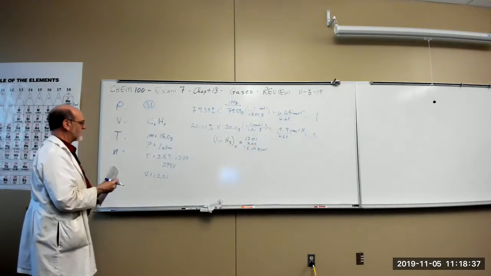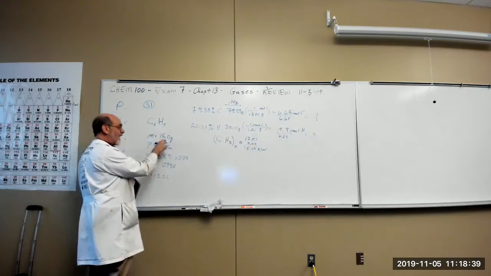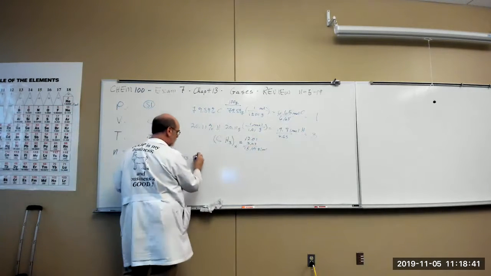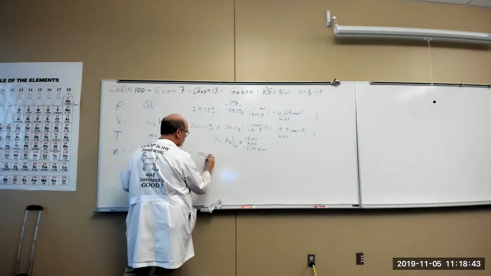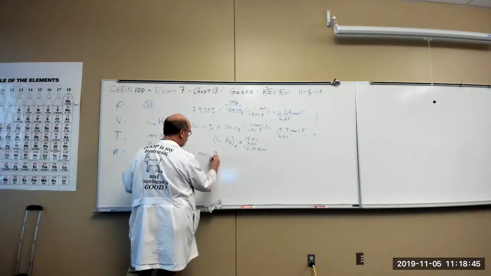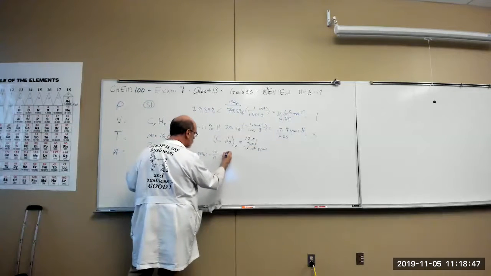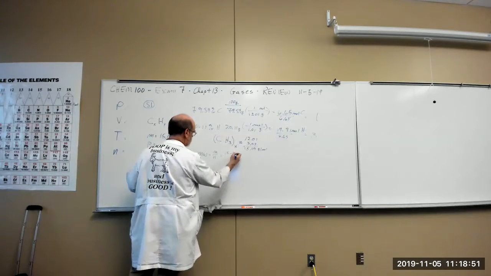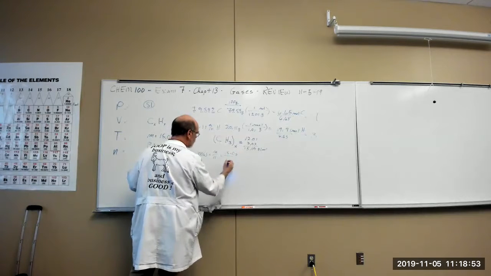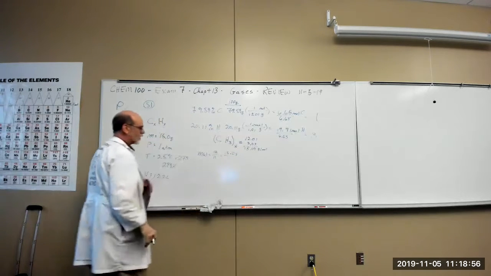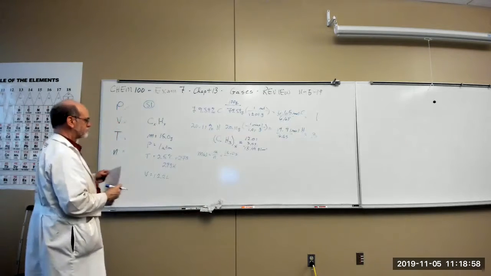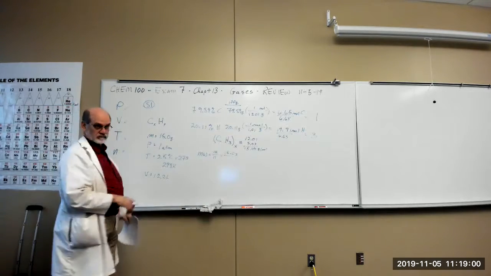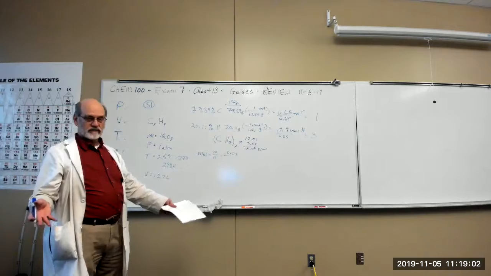Can we determine that? Well, we have the mass, right? And molar mass or molecular weight is mass per moles. We have the mass, grams. We need the number of moles, right? So how do we find the number of moles? It's a state function.